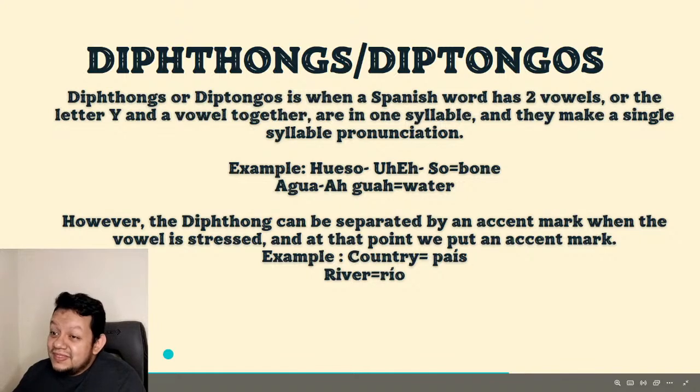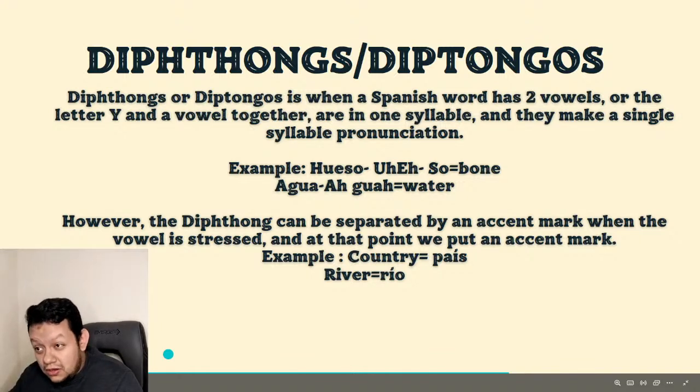Alright, so diphthongs, or diptongos, in Spanish are when a word has two vowels, or the letter Y and a vowel, together in one syllable, pronounced as a single syllable.